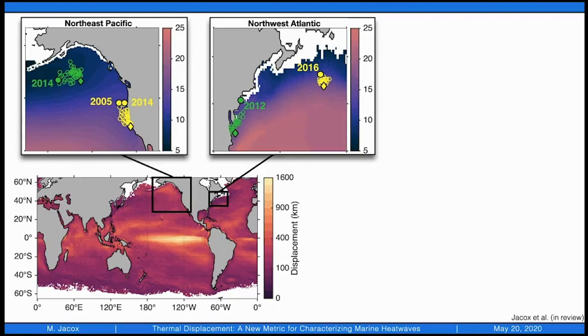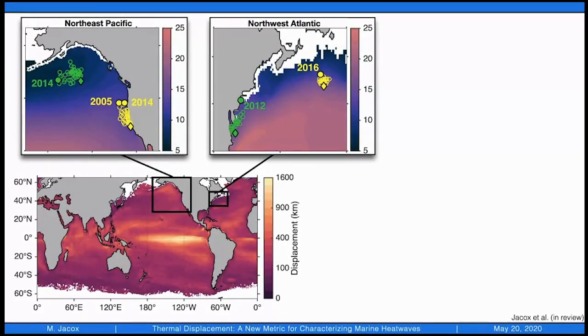In that case, the thermal displacement is, I think, about 300 kilometers, which is consistent with shifts that they saw in commercial fisheries. But on the East Coast, given the political geography, that smaller shift had big implications in terms of how states are dealing with the moving fisheries.